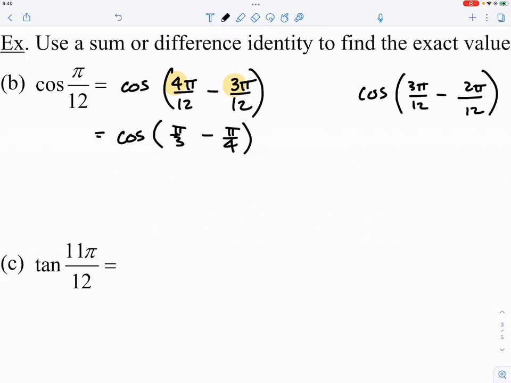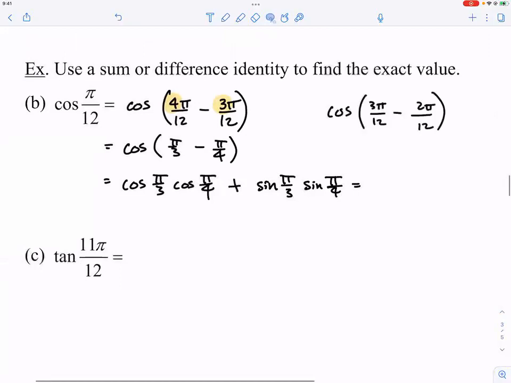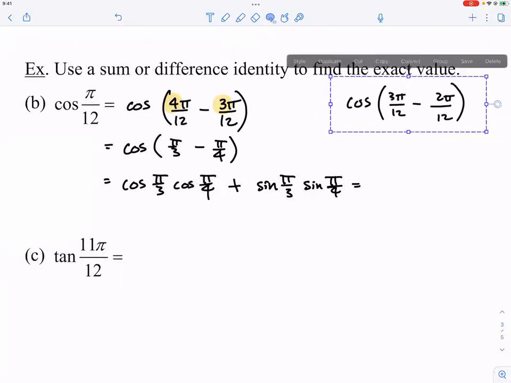And once you have this, you may go ahead and write the, or use the identity to find out the value without using a calculator. Okay, so that's an option.